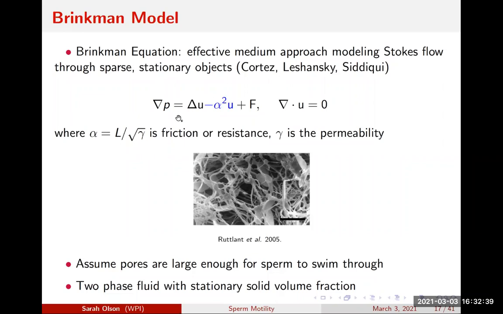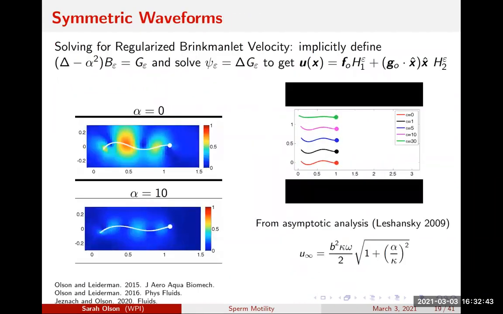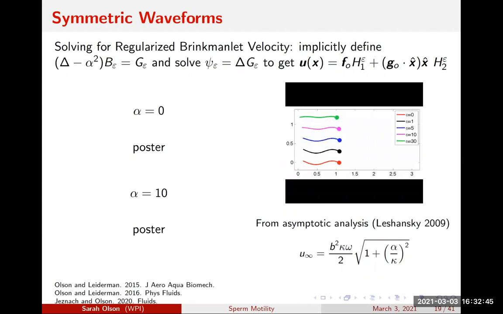And it's also a linear equation, so we can use all of our similar tools. Instead of using regularized Stokeslets, we can use regularized Brinkmanlets, basically just fundamental solutions to the Brinkman equation. Things get a little bit more complicated, but it's the same idea as the method of regularized Stokeslets.